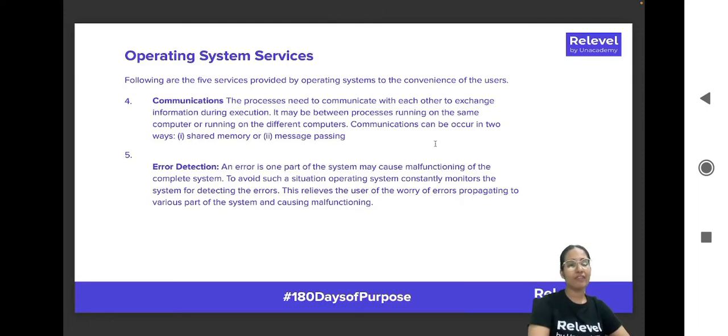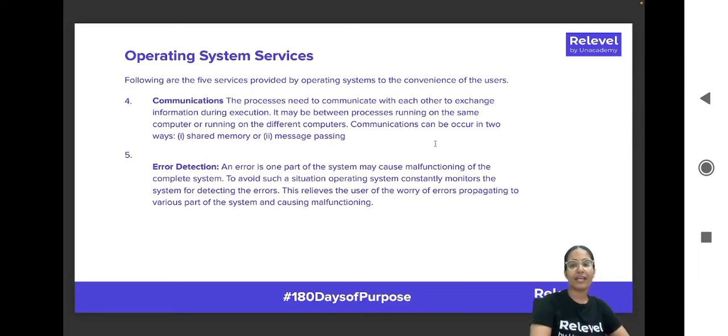Then we have communication. Processes need to communicate with each other in order to exchange information during execution. We did talk about inter-process communication. It may be between processes running on the same computer, or sometimes between processes running on different computers as well.